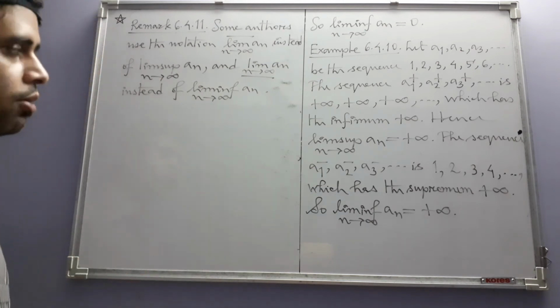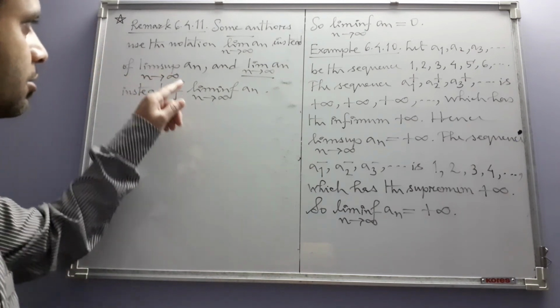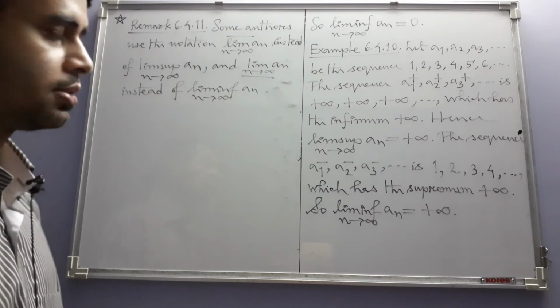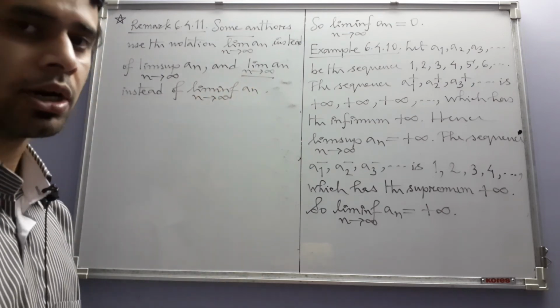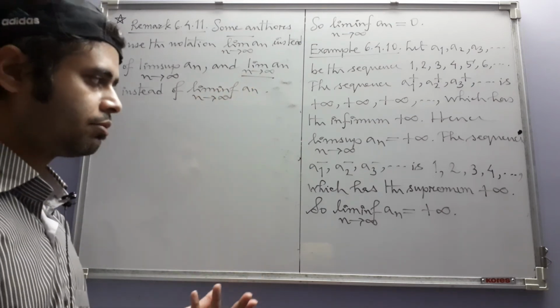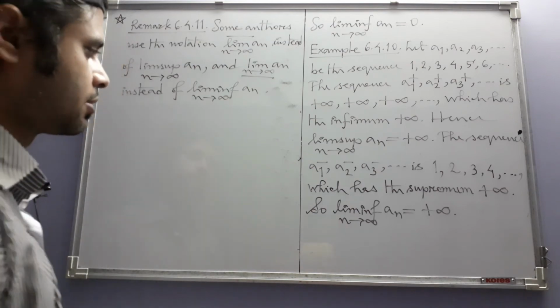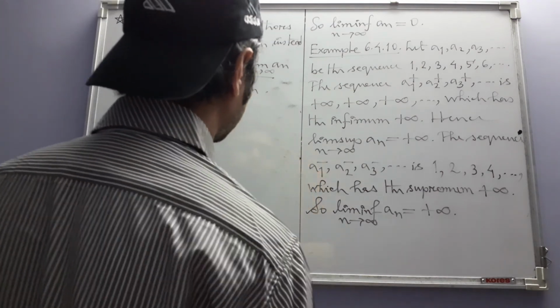And some people also call limit superior the upper limit of the sequence and limit inferior the lower limit of the sequence. These, however, have not been mentioned in this text, and we will not use those terms.